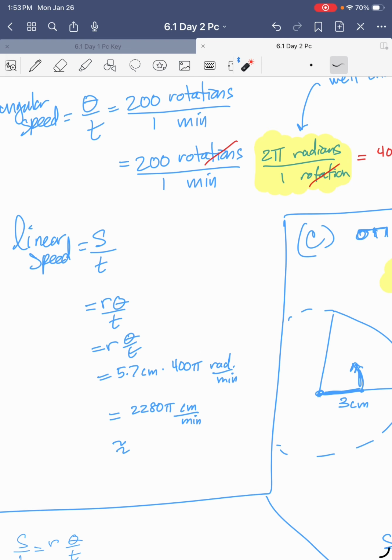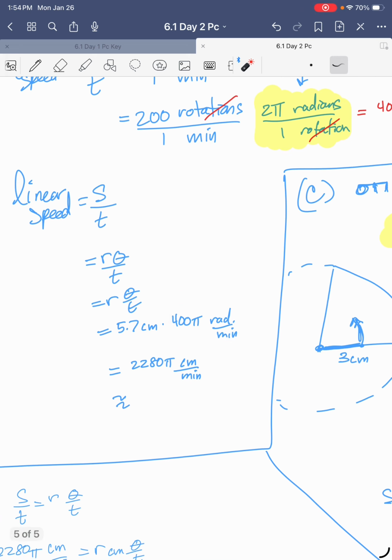So remember, my linear speed, s over t, is just equal to, well, s I have memorized as r theta. If I pull out that r, I get that my radius times my angular speed is just my linear speed. Well, my radius, it said, was 5.7 centimeters. And my angular speed, I just found out, was 400 pi radians a minute.